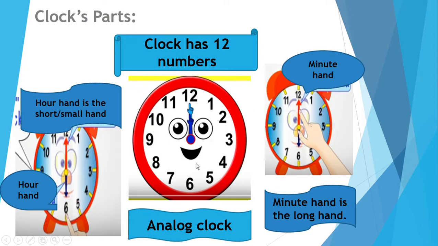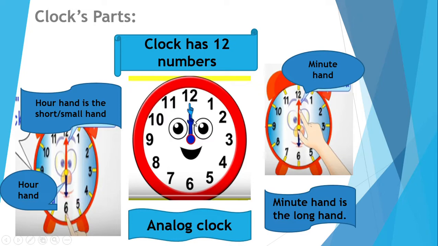Let's see the parts of a clock. This is an analog clock. A clock has 12 numbers and it is arranged in this sequence around the clock from 1 to 12, and between each number there are 5 minutes.